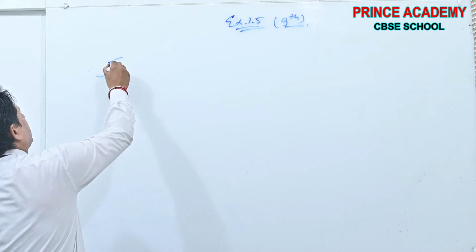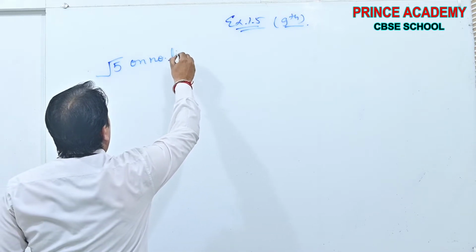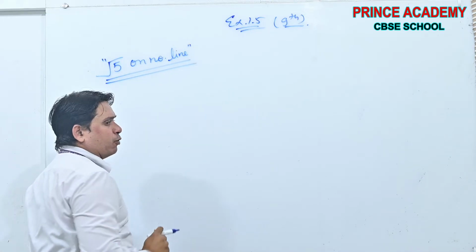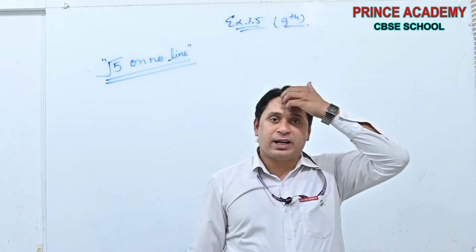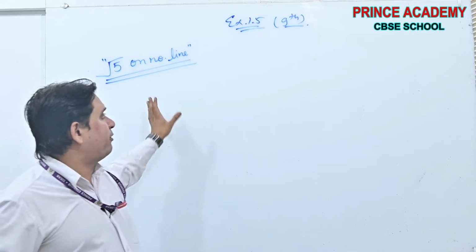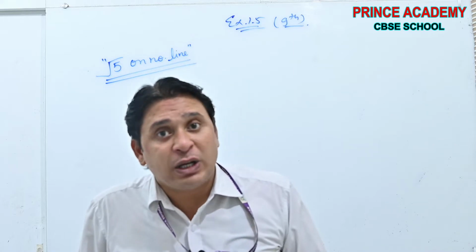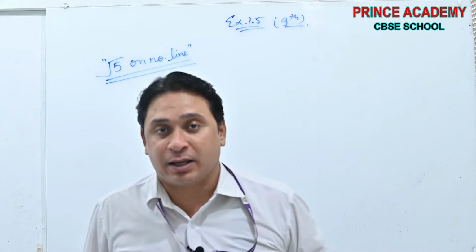Suppose I want to represent root 5 on the number line. If you remember, in exercise 1.2 we have observed this. Now we are learning another universal method which is applicable on everything.